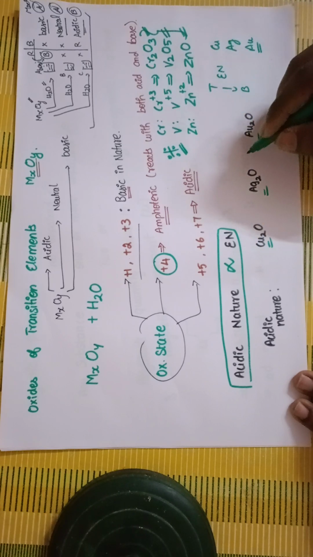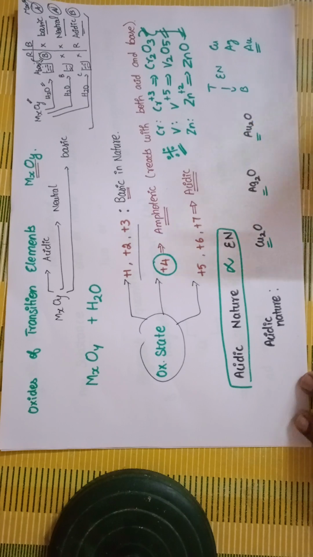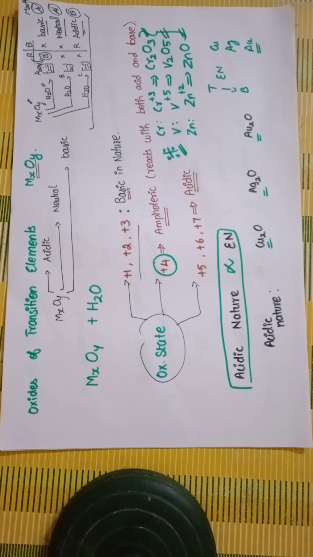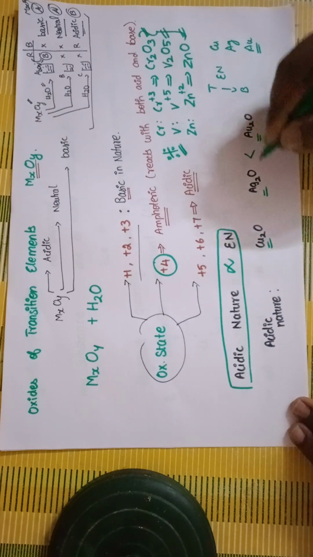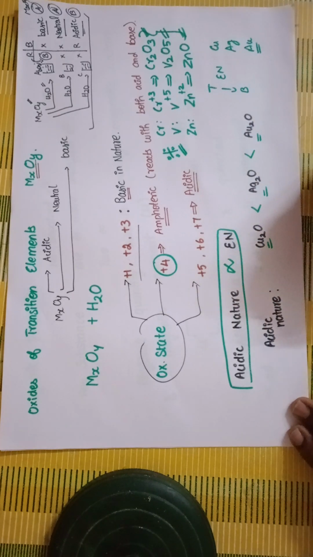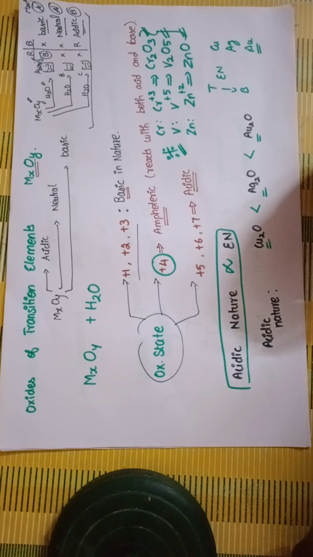So Au2O will be more acidic than Ag2O, and Ag2O will be more acidic than Cu2O. Is it clear?